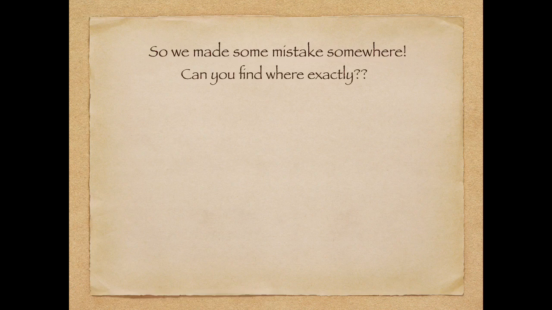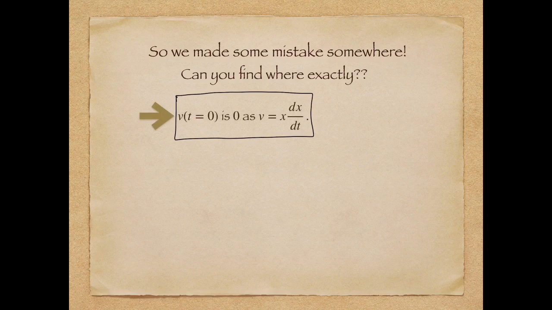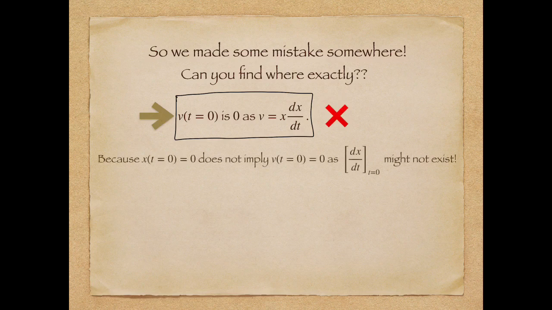So we had done something wrong already, and here is what is wrong. The wrong thing is v at t equal to 0 is 0, as v equal to x dx dt. This is not making any sense now, because x at t equal to 0 is 0 does not imply v at t equal to 0 must be 0, as dx dt at t equal to 0 could be infinity, or might not exist at all.